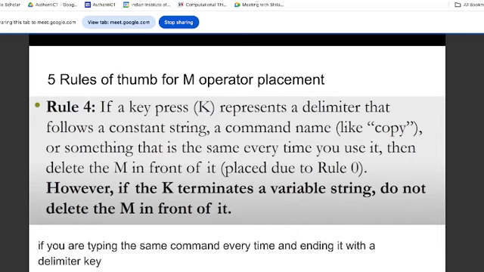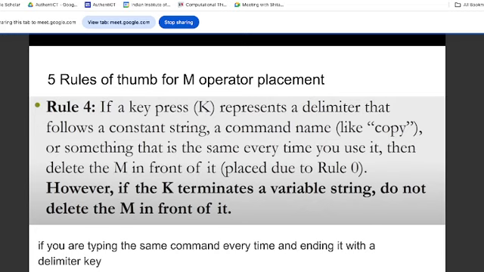If the same string is being repeated multiple times, then in that case you don't need to put an M in front of it. But if you are doing a variable string, for example first you write copy, then the next command you are giving is paste, then you need to preserve the Ms, you can't delete them.